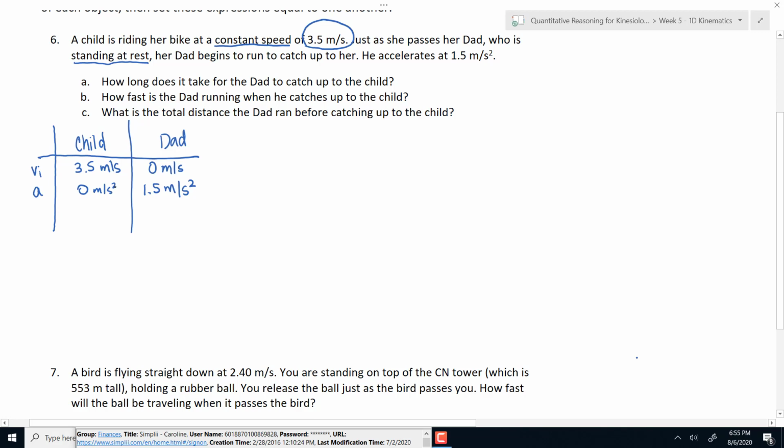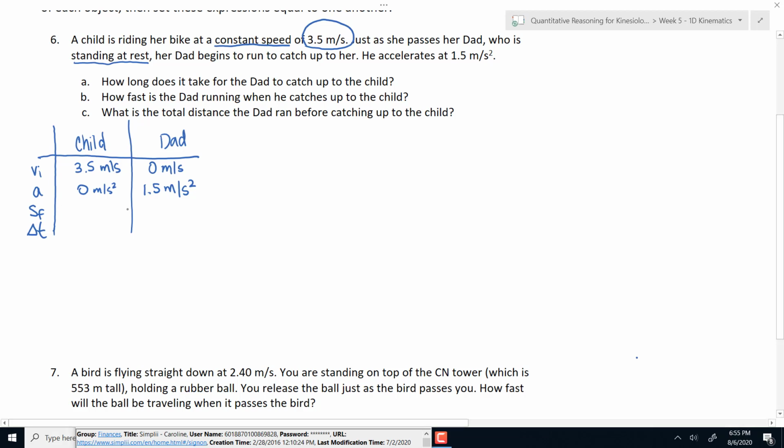All right, so we know V initial and we know A for both the child and the dad. And then there's no other information that's given here, right? So in terms of SF and delta T, we don't know these values, but we know that because the dad catches up to the child, they reach the same final position at the same time.